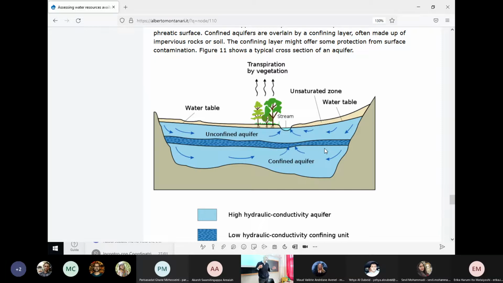And the only way to monitor, in a way, is the water level. But the water level, given that the confined aquifer is under pressure, is not really an indication of the origin of the water into the well. So it may be that the water level in the well is at the level of the unconfined aquifer, but the water comes from the confined one under pressure and goes up.